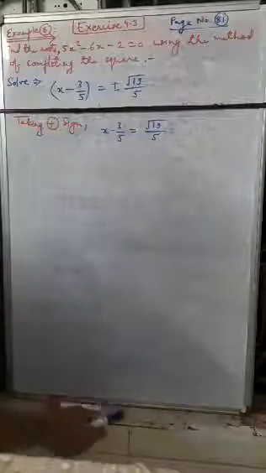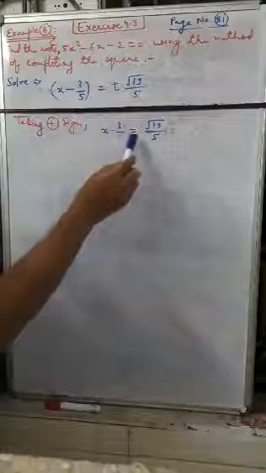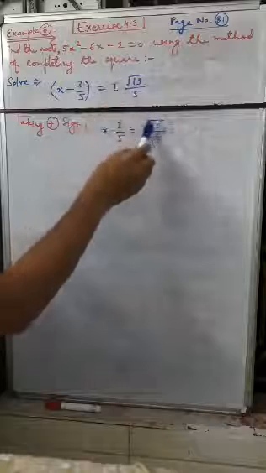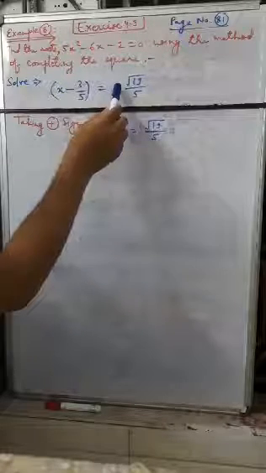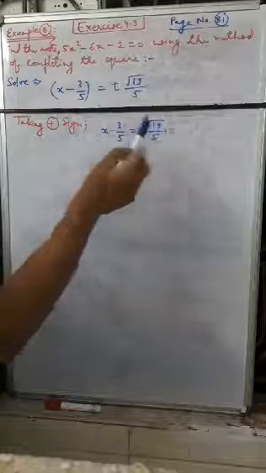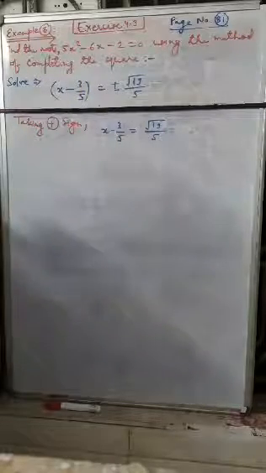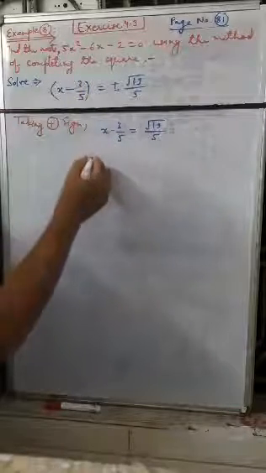So in first step we will take plus sign here. So x minus 3 by 5 is equal to plus under root 19 by 5. So if you want, you can write plus under root 19 by 5, or if you don't want to show the sign, no problem, it is automatically plus sign. So now we have to find out the first root.